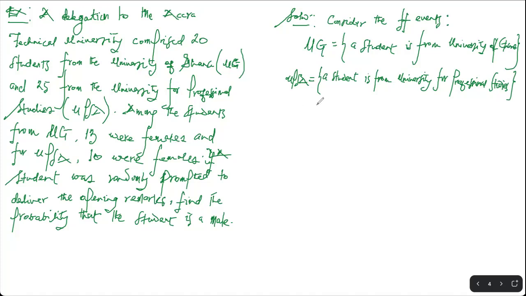So F is, so a student is from UG, a student is from UPSA, a student is female. Okay, good.